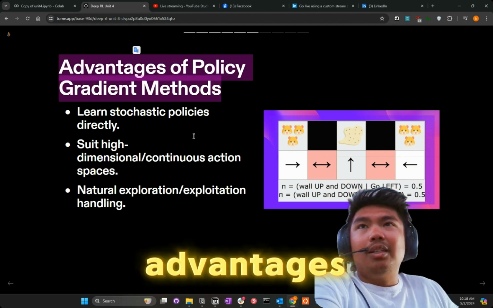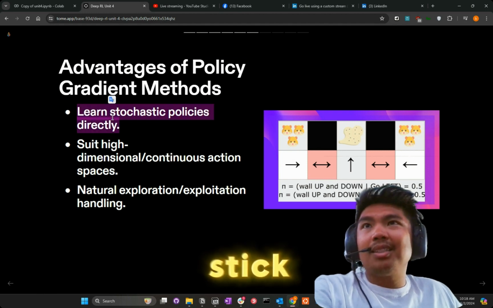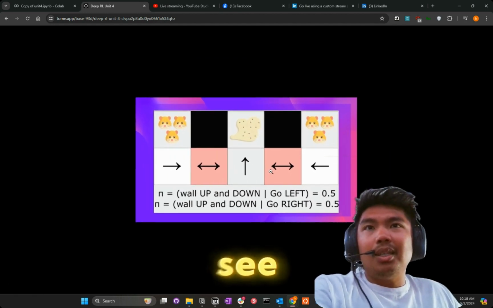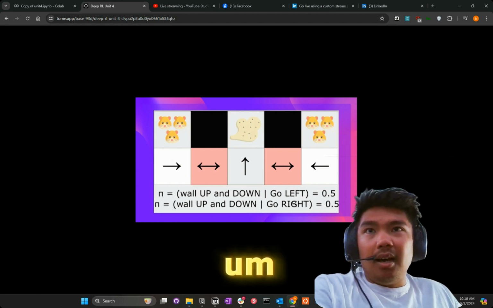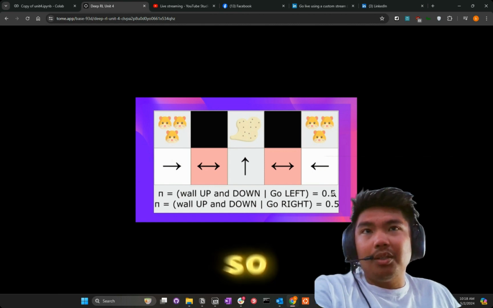So what are some of the advantages of policy gradient methods? You can learn stochastic policies directly. I'm going to open this up. You can see here that these are probability distributions, so we can turn this into percentages.